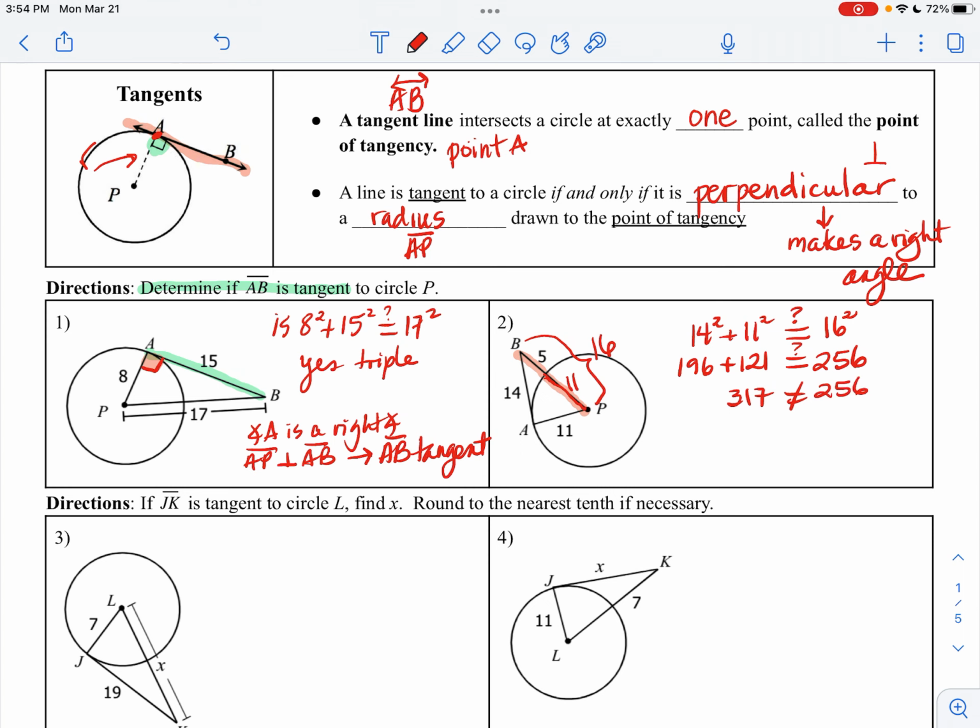So what does that mean? It means that angle A is not a right angle, because that's not a right triangle, and it means that AB and AP are not perpendicular, which means AB is not a tangent.